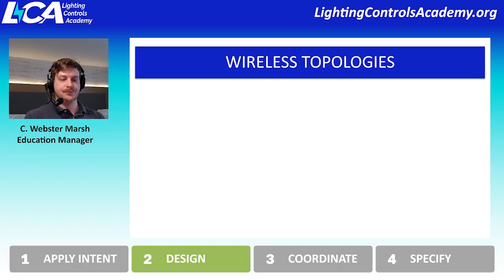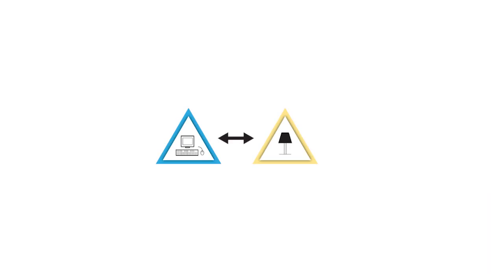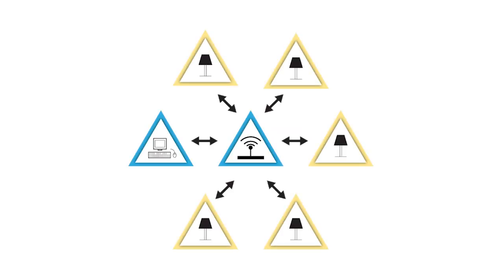Wireless topologies, on the other hand, come in point-to-point, meaning that you have a device communicating to another device, and that's it. Star topology, which is similar to our hub and spoke topology in our wired devices, but in this case, it is just replacing a wire coming out of the switches with a wireless signal coming out of a router.